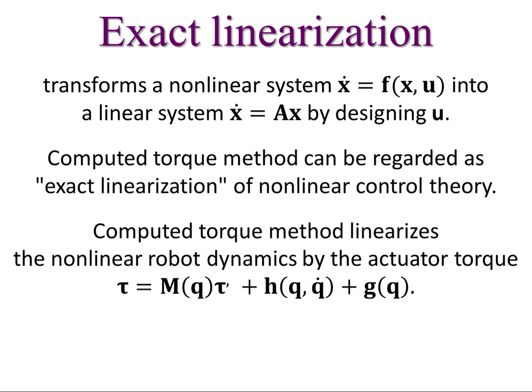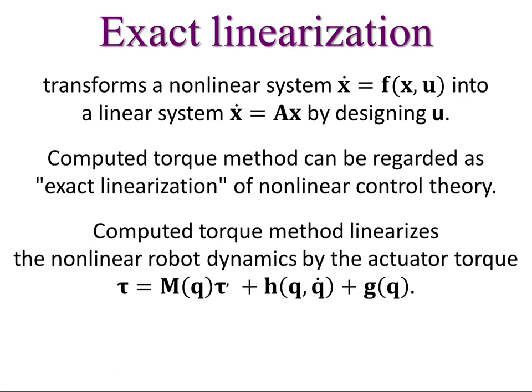Let's actually see how the computed torque method linearizes the dynamics. In the computed torque method, the actuator torque vector tau that is the input is designed as shown in this equation. In this equation, the terms h and g have the role of eliminating the centrifugal Coriolis term h and the gravitational term g, which are nonlinear elements of the motion equation of robots.